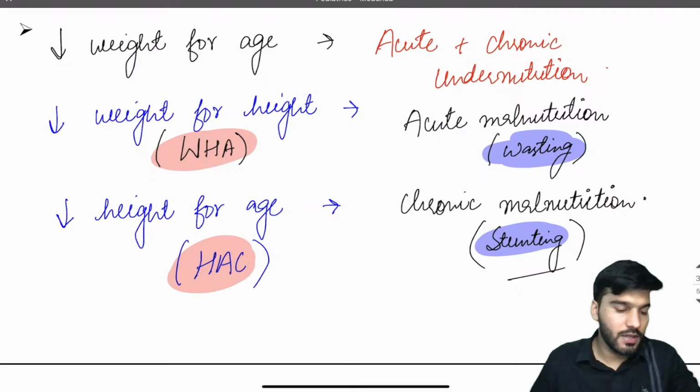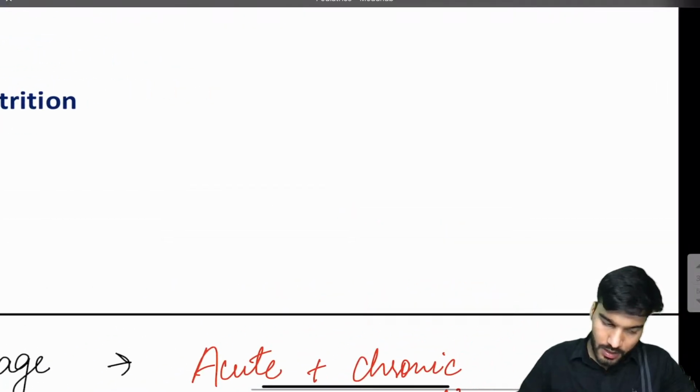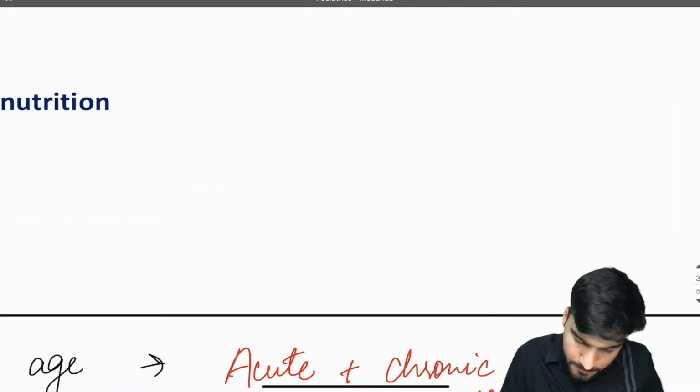Now we have the criteria for severe acute malnutrition. Any one should be present.